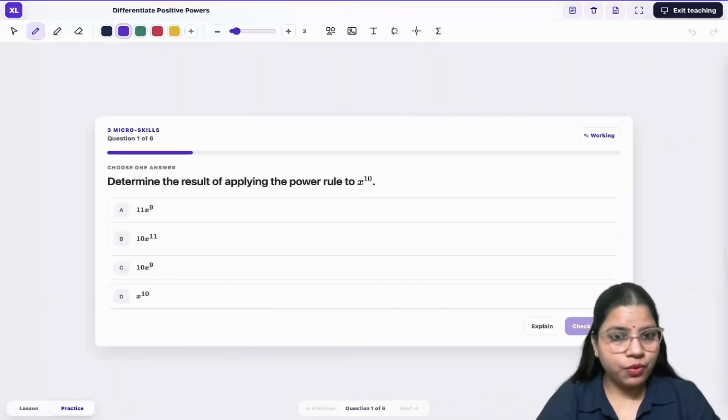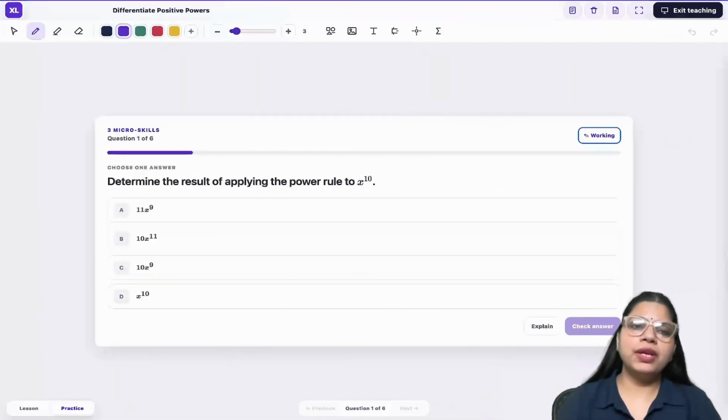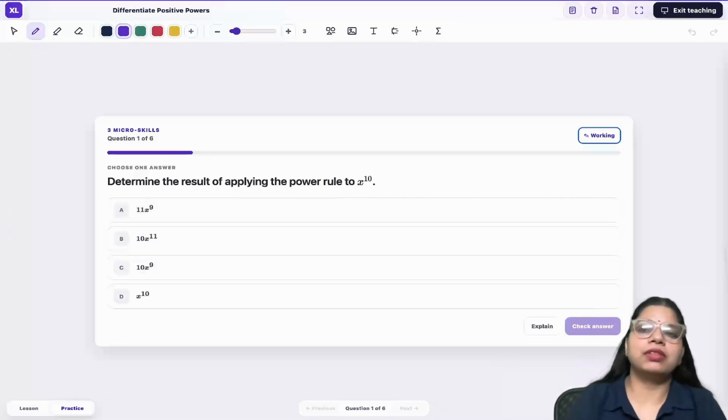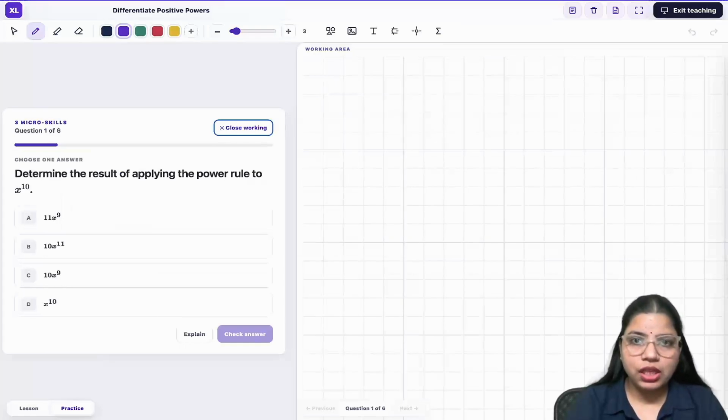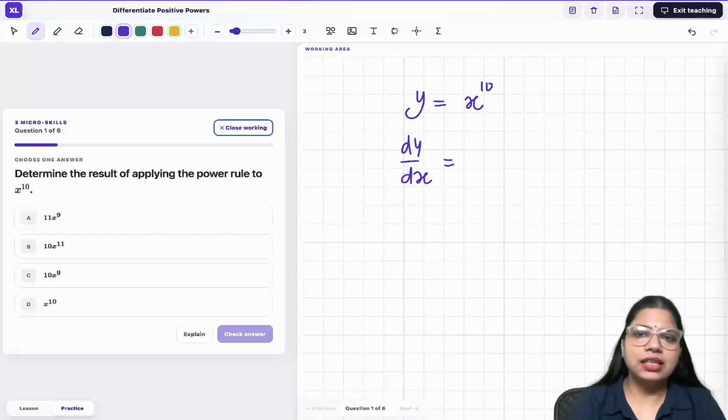Now let's have a few questions done. The first question is to determine the result of x to the power 10 after applying the power rule. So we have y equals x to the power of 10. What would the derivative be? So dy by dx is 10x to the power of 10 minus 1, that is 10x to the power of 9.